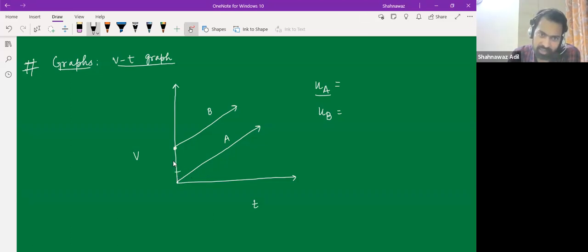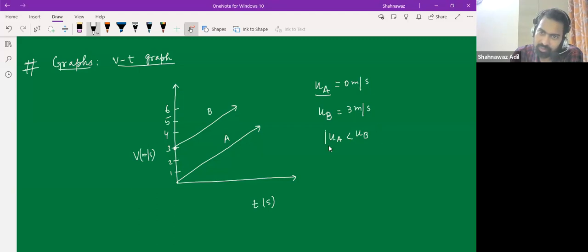If I write the numbers, let's say 1, 2, 3, 4, 5, 6, then UA is 0 meter per second. This is in meter per second, and time is in seconds. And UB is 3 meter per second. So we can say that UA is less than UB. From the graph, we can identify that.